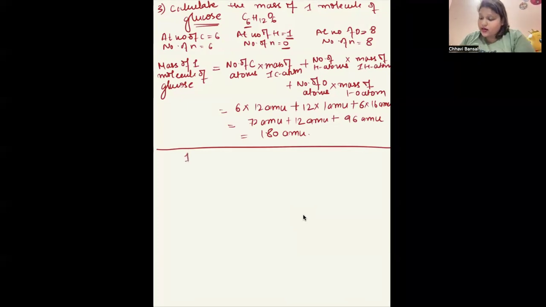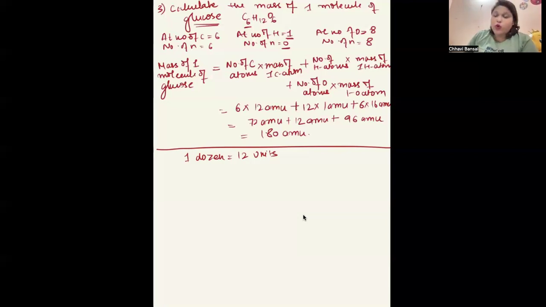What is this 1 dozen? 1 dozen is a specific quantity, which is 12 units. If you say, get me 1 dozen apples, it means 12 apples. Or if someone says, get me half dozen papayas, it means 6 papayas, right? So this is a fixed number and it has been given as a unit.